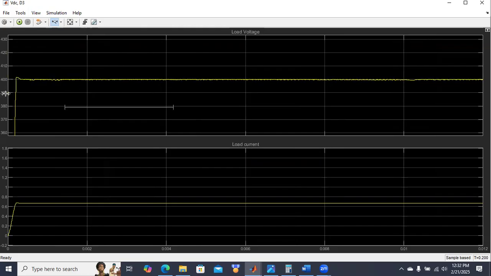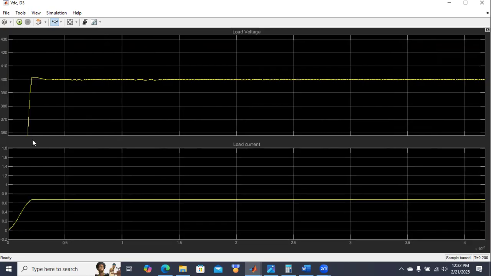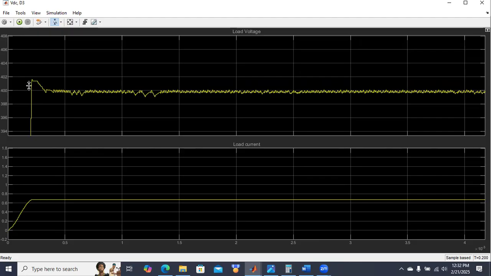Here if you see this waveform, the settling time is nearly 0.2 millisecond. Similarly, the peak overshoot is very less. Here, the peak overshoot will increase up to 4.1 volt.